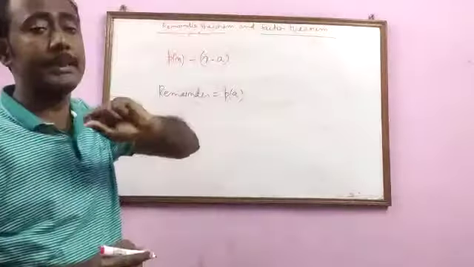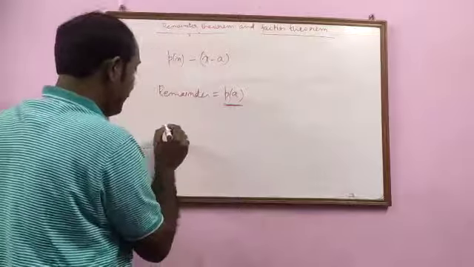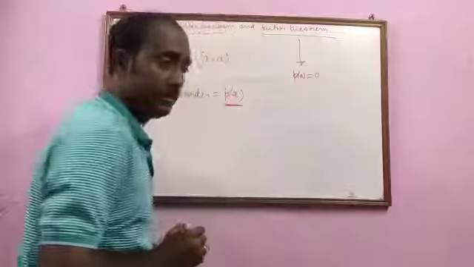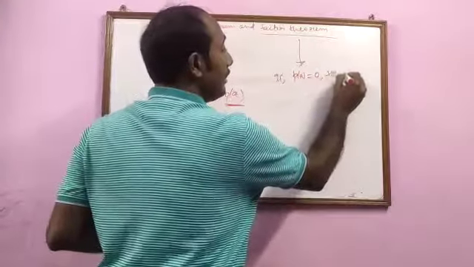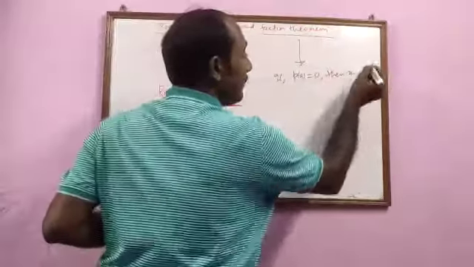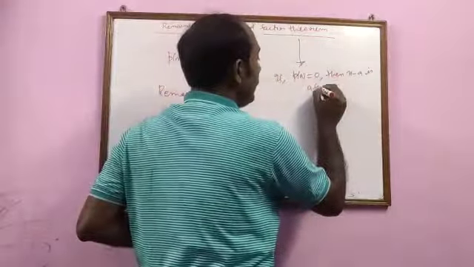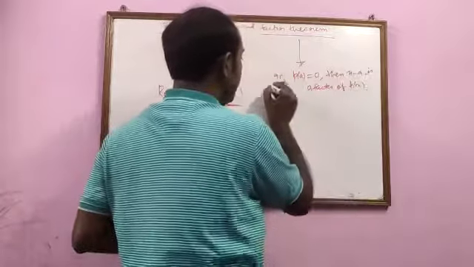The factor theorem says that if this remainder is 0, that is, if P(a) is equal to 0, then x minus a is a factor of P(x). This is the first part.